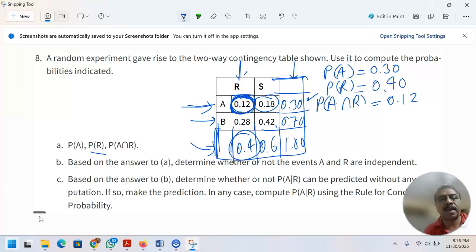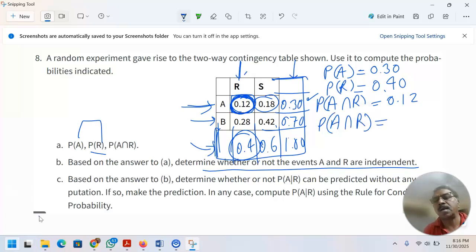Now the second question is whether A and R are independent. Are these two independent? How do we know? The multiplication rule: if two events are independent, then P(A and R) is the product of the two probabilities.